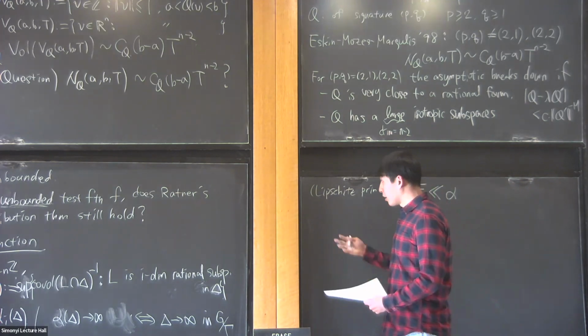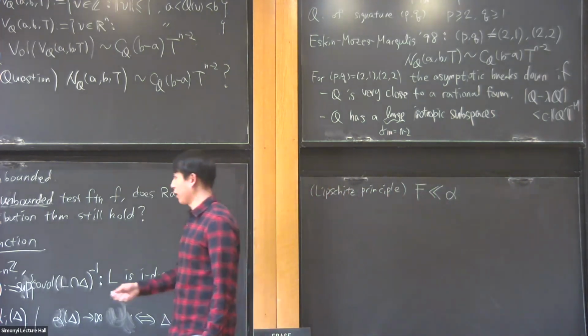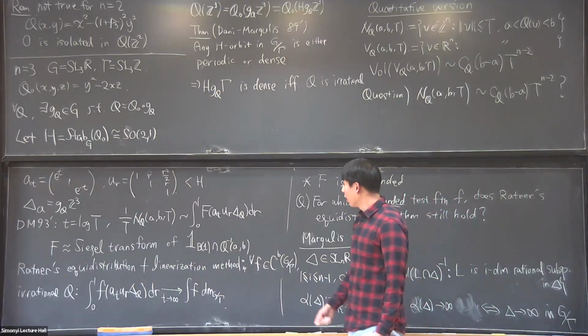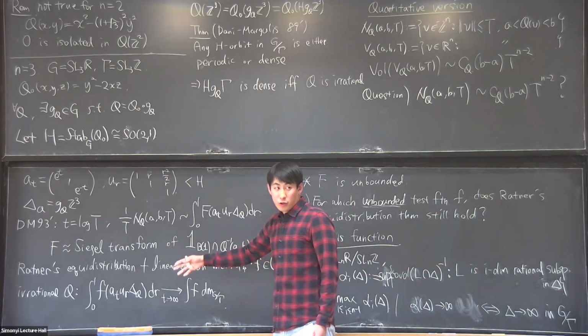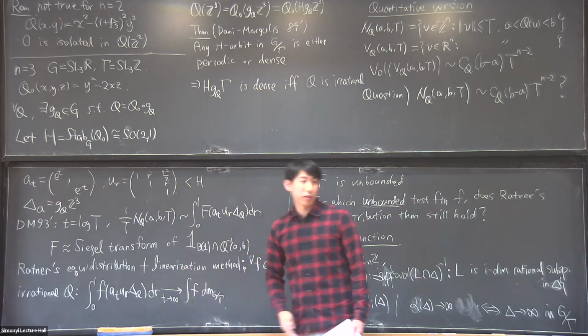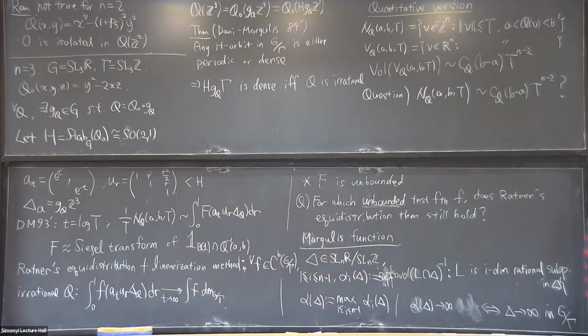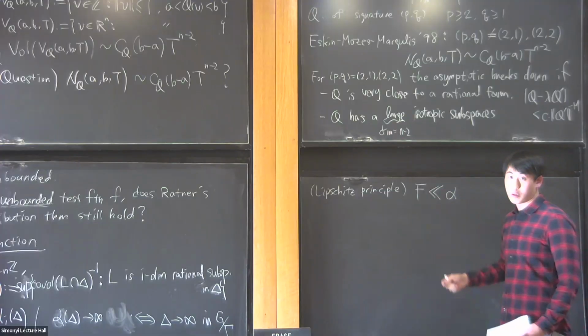So in the end, we would like to establish the equidistribution theorem for unbounded functions controlled by this Margulis alpha function.